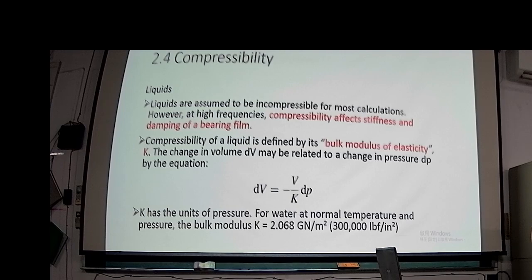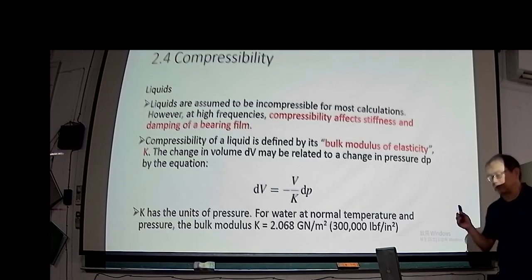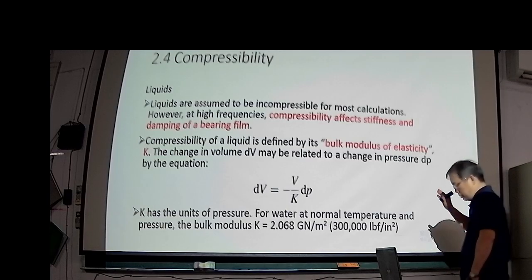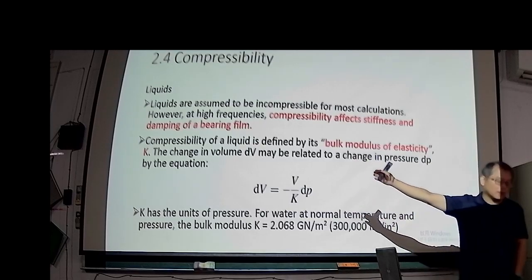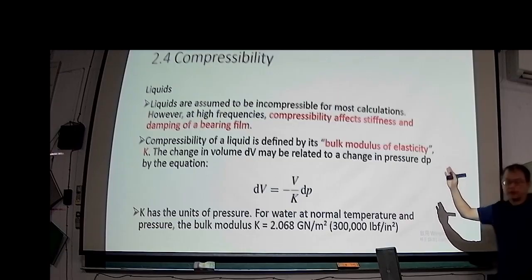So if you can guarantee your supply pressure on the oil hydrostatic bearing is lower than 65 bar, then you will have the hydrostatic bearing under the situation of incompressible.